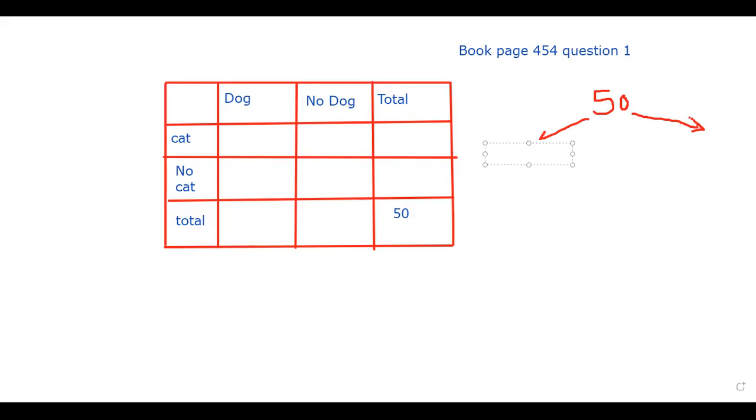Cat, and on the other side, no cat. He said that 60% have a cat. So what is the first step, Yusuf? We are going to make it here. 60% have a cat. Then, Yusuf, can you hear me?